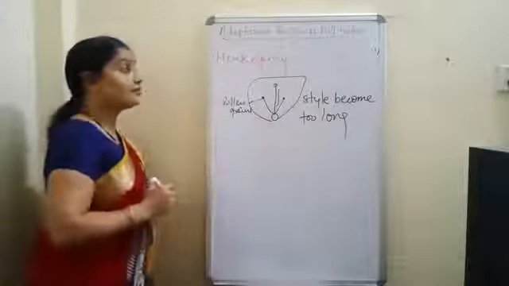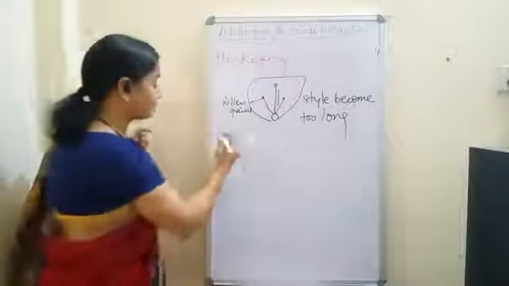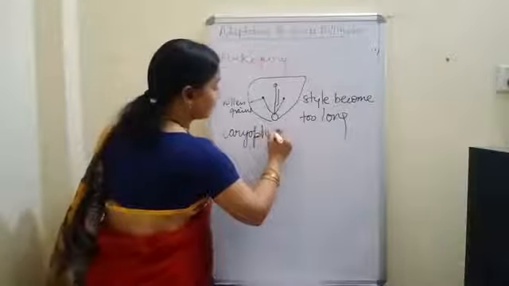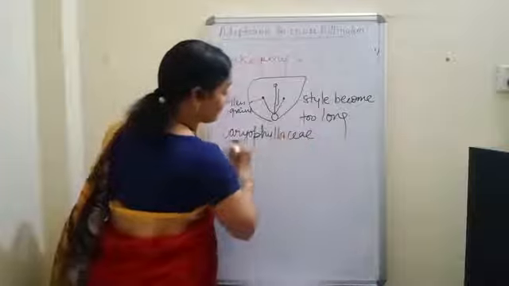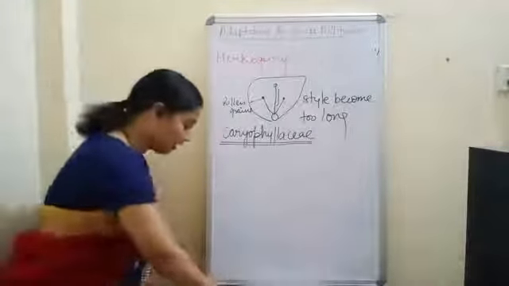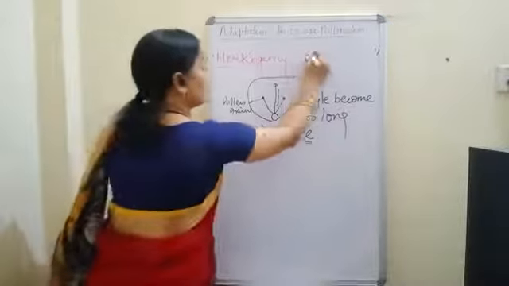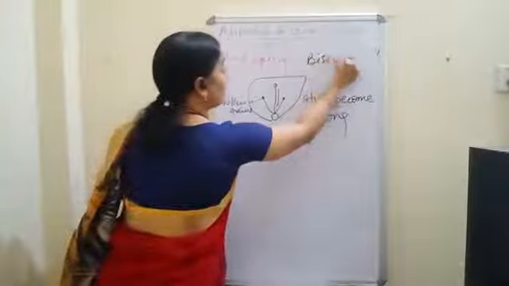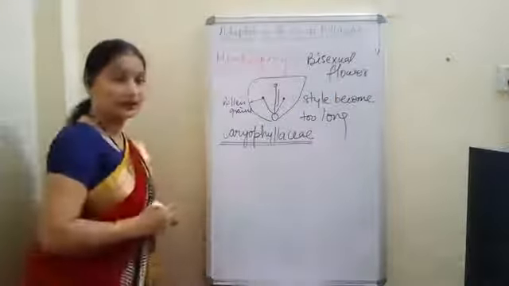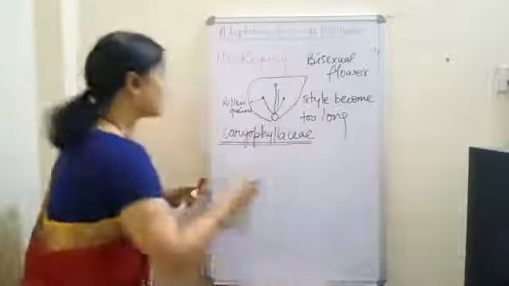Clear? Then this condition is called hercogamy. And the example I told you is from Caryophyllaceae. This example shows the condition of hercogamy. Okay? Because Caryophyllaceae is a bisexual flower. Understood?